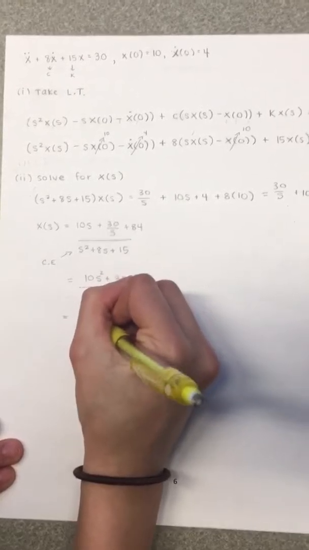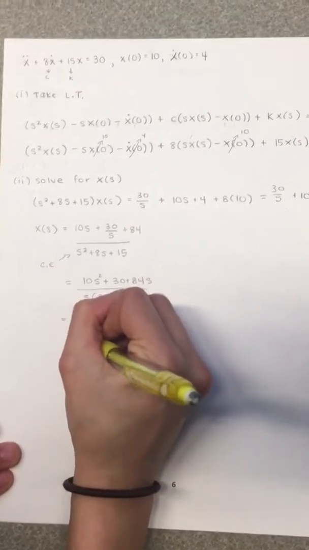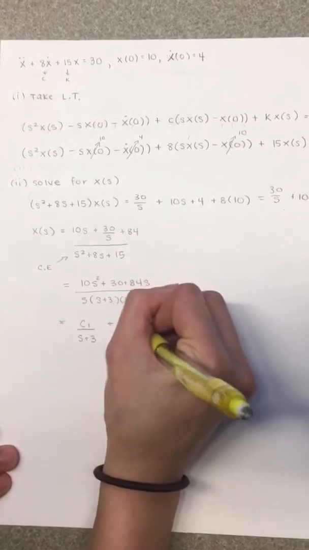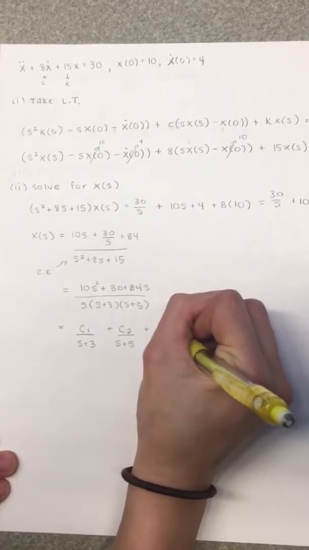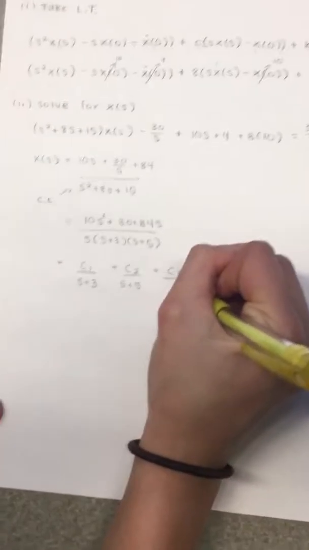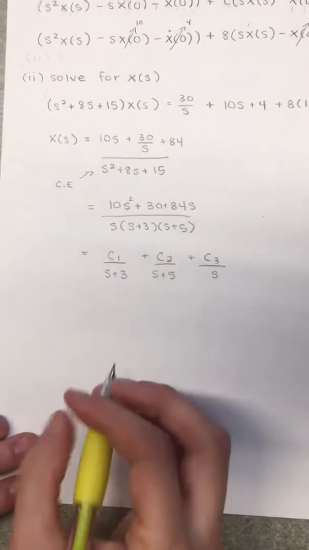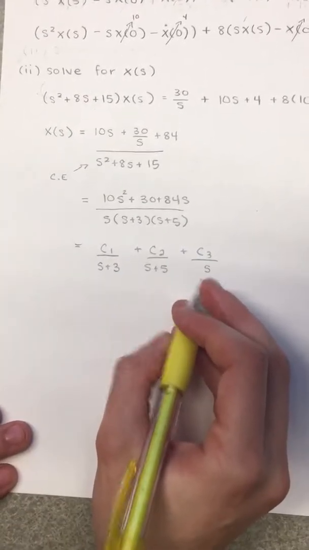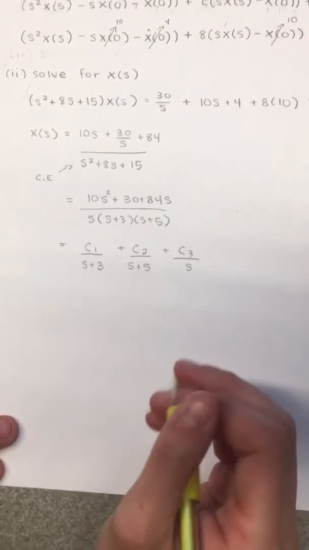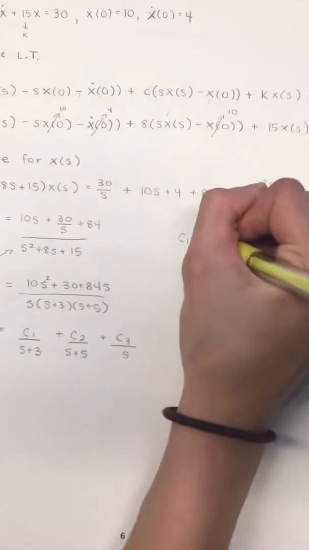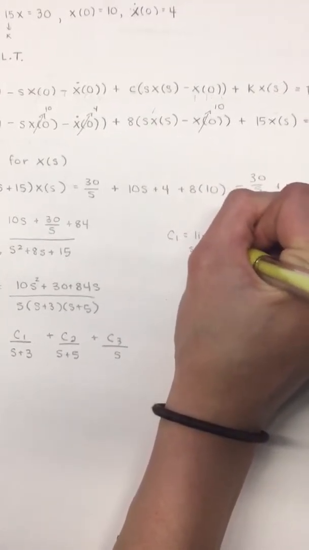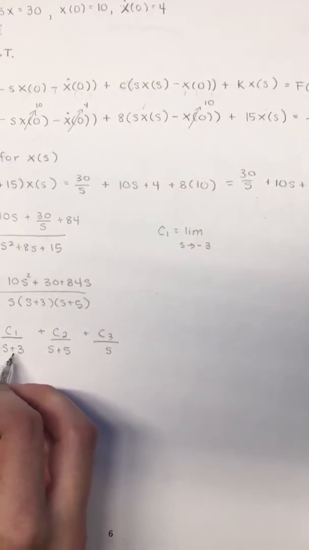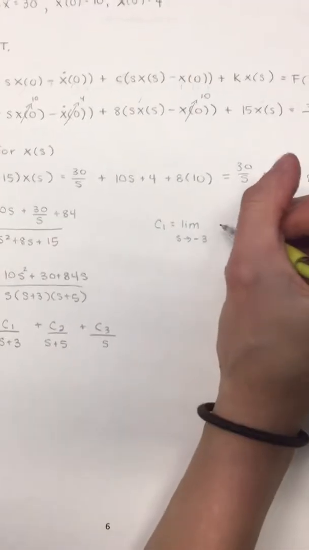Then you'll have your constant over your first denominator term plus constant 2 over your second denominator term plus constant 3 over your third denominator term. So then we're going to solve for these three constants, and I'm going to use the limit method. C1 equals the limit as s goes to -3, because that's the negative root.